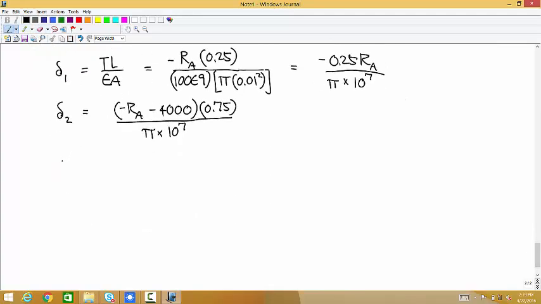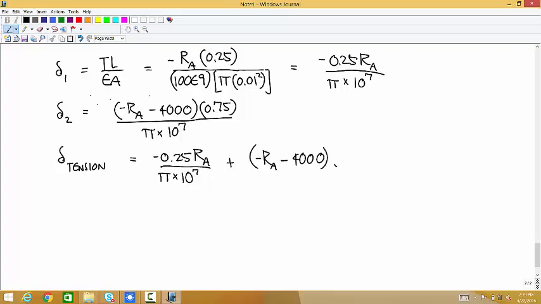And now you can put those together, and the elongation due to tension is equal to negative 0.25 RA over pi times 10 to the 7th plus the quantity negative RA minus 4,000 times 0.75 divided by pi times 10 to the 7th.